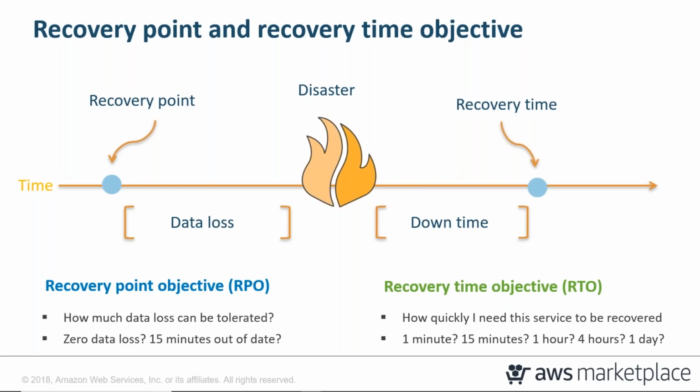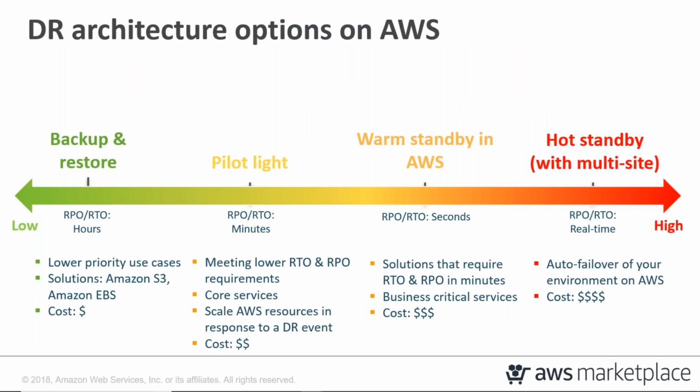We have four main architectures that we look at from an AWS perspective when it comes to disaster recovery, and they go all the way up and down the spectrum. Again, as I mentioned, balancing RTO, RPO, as well as cost, and using various services that are available with AWS.